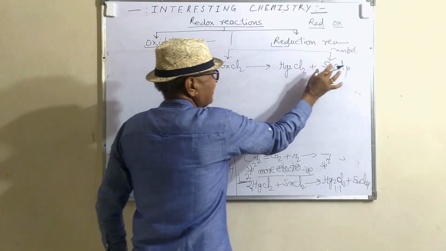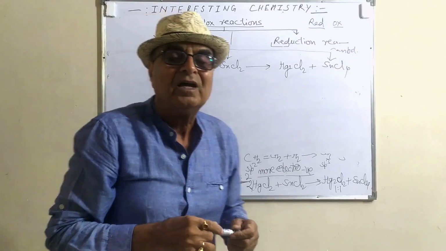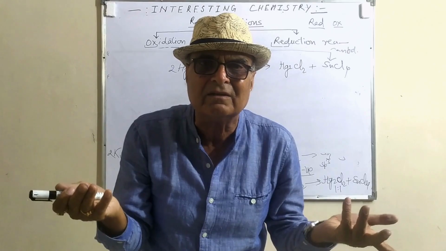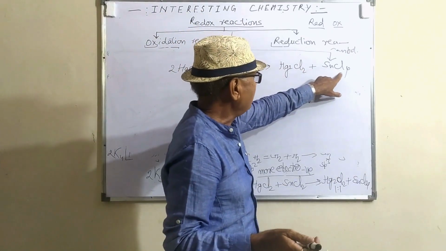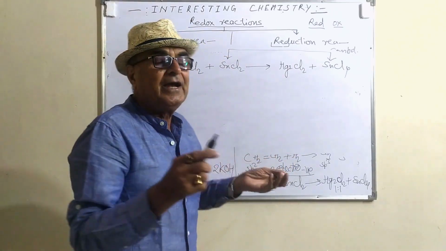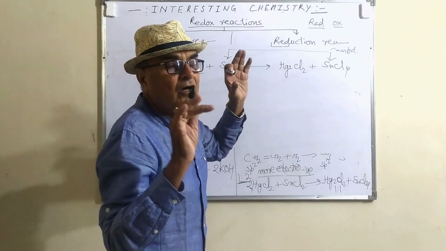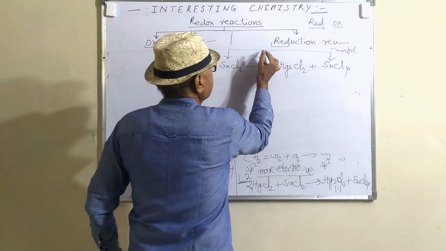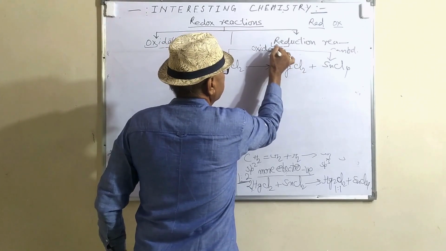What change is there from SnCl2 to SnCl4? This is an addition of the electronegative part, because here chlorine is 2 atoms, here chlorine is 4 atoms. So when addition of the negative part takes place, the reaction will be called an oxidation reaction. This is oxidation.